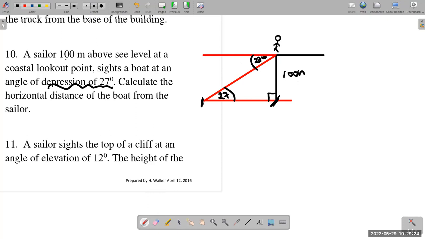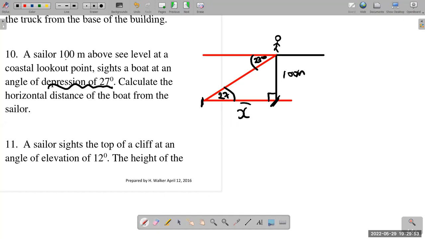No, this isn't a right angle triangle. So what should you be thinking about? Pythagoras or trig? Who do we need to think about now? Trig. Everybody agree? And the distance we want is the horizontal distance. So let's label this X, because we always use X to represent some unknown value.